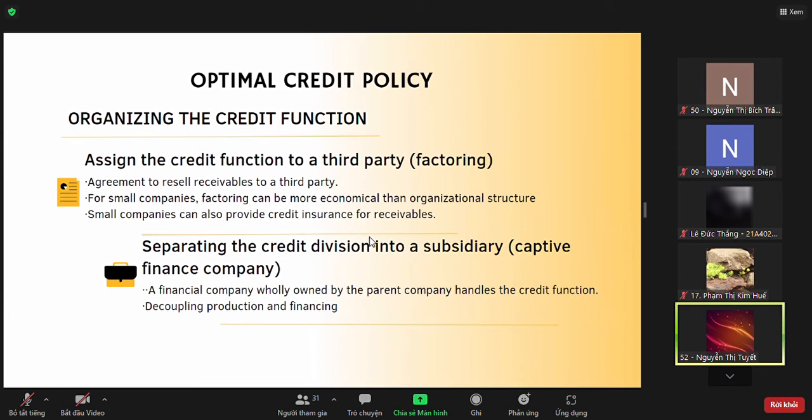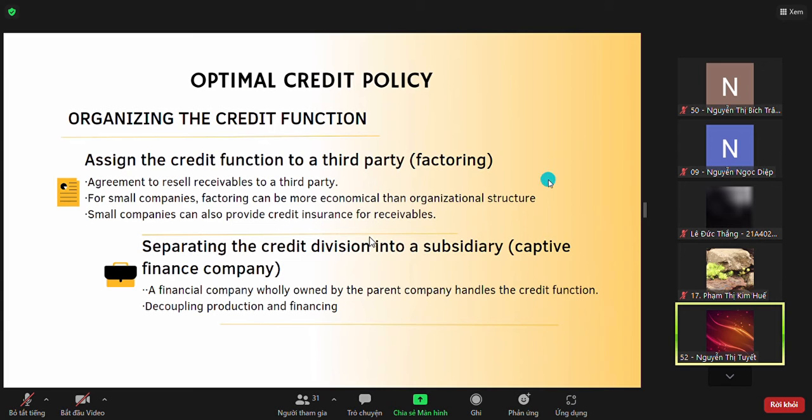Secondly, separating the credit division into a subsidiary or captive finance company. A captive finance company is wholly owned by the parent company, which handles the credit function and financing.